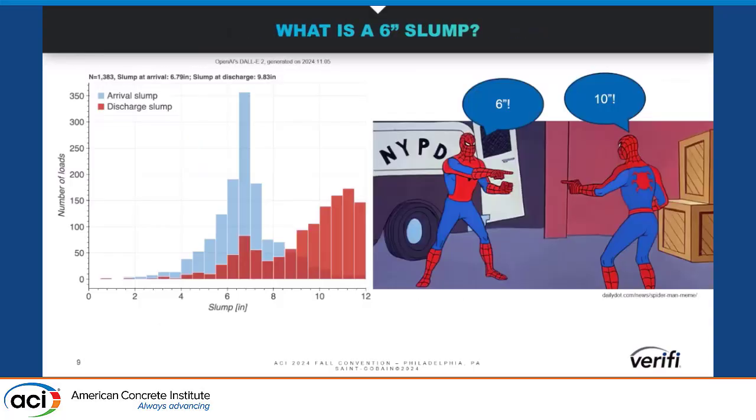I'm overlaying those on the same graph, and you can visually see the difference between these two. So that's the base case study for this talk, and we'll talk about how this comes about and what that affects from a time perspective.